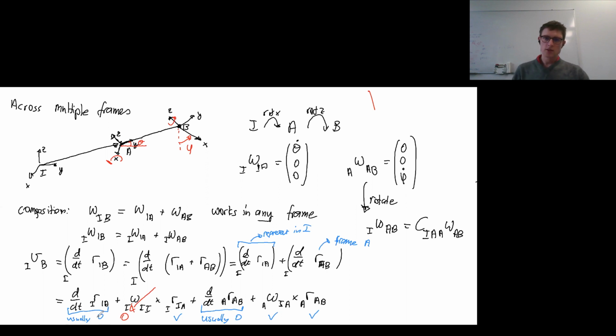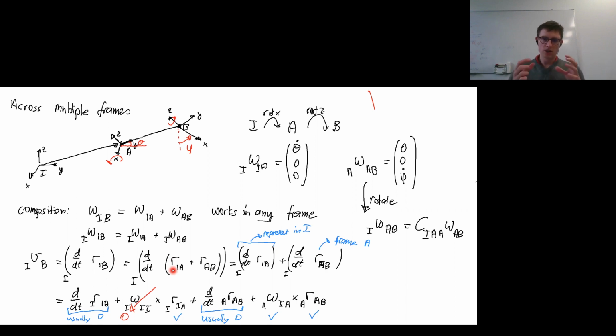To extend this to multiple chains, of course, all you would have to do is in this formula here, instead of just decomposing it into 2 parts, you would decompose it into multiple parts. So we have r IA and AB and BC and CD, for example.